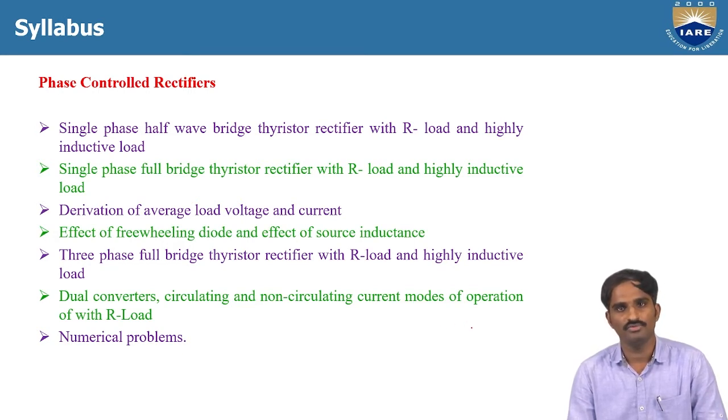The next topic we are going to discuss is the effect of freewheeling diode and the effect of source inductance on the characteristics of the rectifier. Again, the effect of freewheeling diode and the effect of source inductance we will discuss for both the rectifiers, which are the half wave bridge rectifier and the full bridge rectifier.